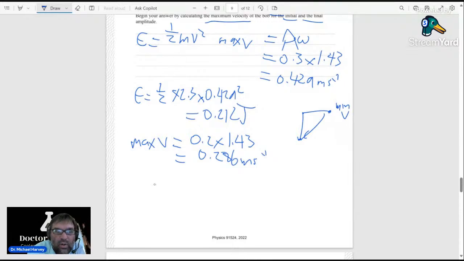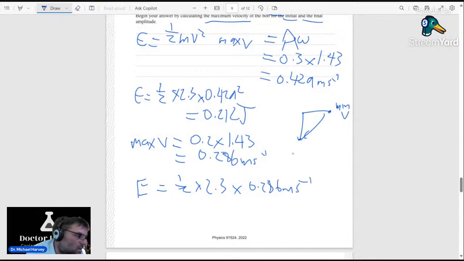Again, we do the energy calculation. That will equal half. Yep. The mass, 2.3, isn't it? 2.3 times now 0.286 squared, which equals 0.094 joules.